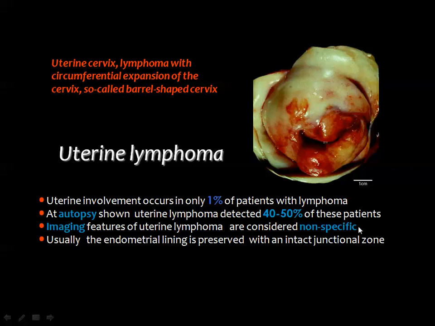At autopsy, uterine lymphoma is detected in 40 to 50% of patients with lymphoma. The imaging findings of gynecologic lymphomas are considered non-specific, but lymphoma of the uterus usually preserves the endometrial lining and also the junctional zone.